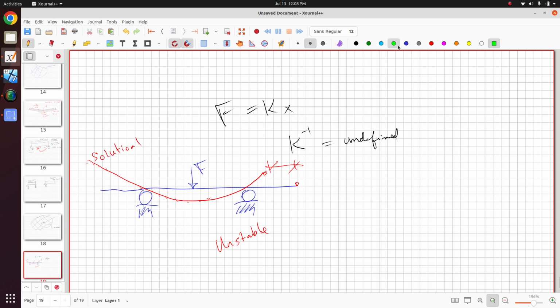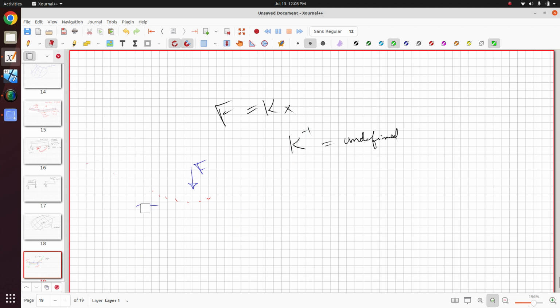And now what's another solution here? This could be another solution here. So you notice that these two ends have moved a little also. So you notice that both of these are solutions to this equation. So I think this example may have been a little confusing, but hopefully you get the point.